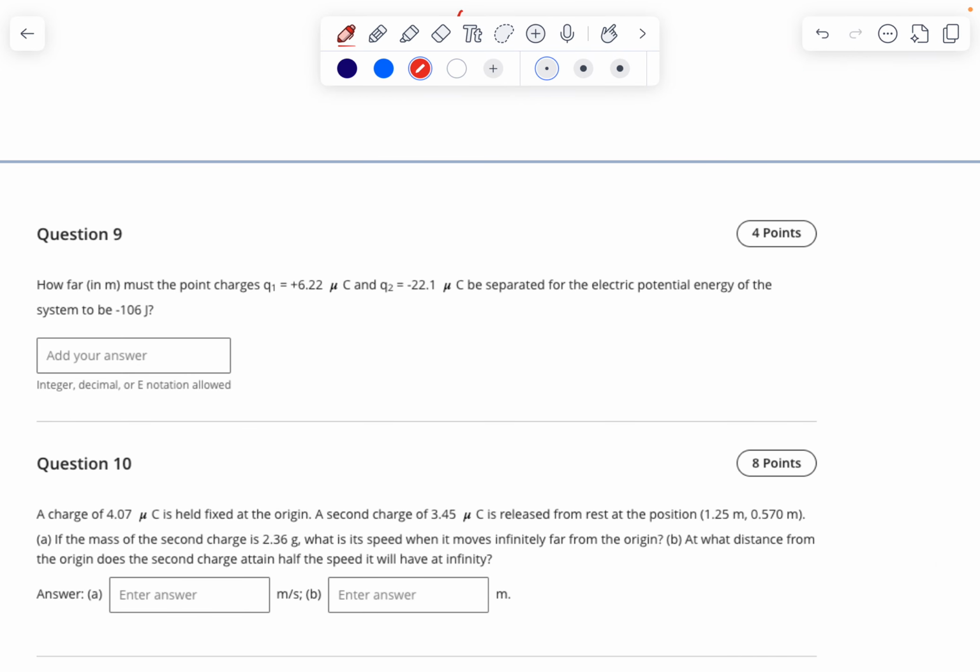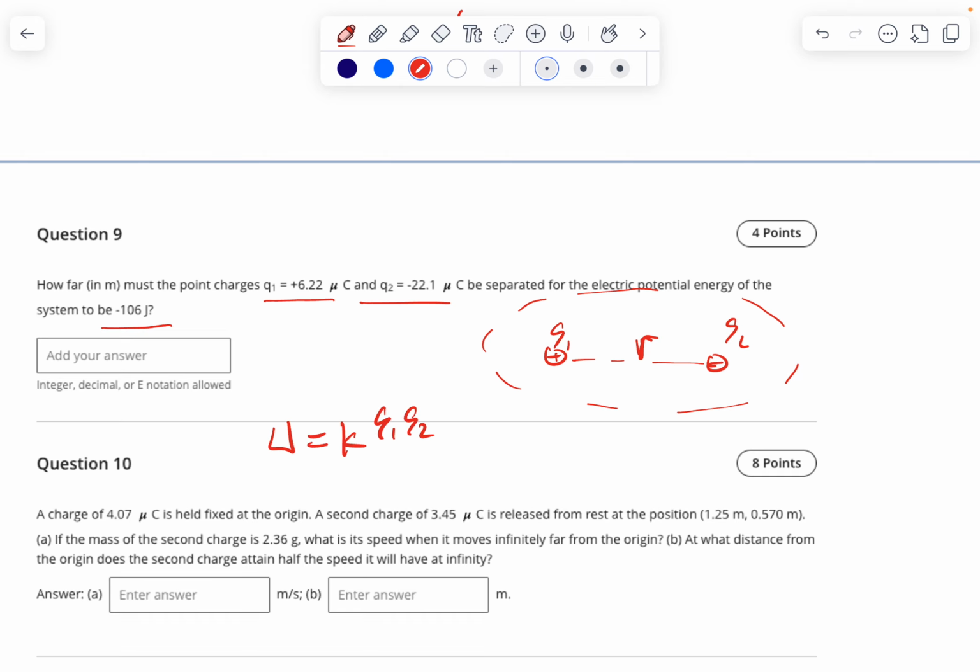Number 9. How far in meters must the charges Q1 and Q2 be separated for the electric potential energy of the system to be this value? All right, so if you have two charges, Q1, Q2, and they are separated by a certain distance, this system holds energy. The electric potential energy held by this system equals k Q1 Q2 divided by r, the distance here.